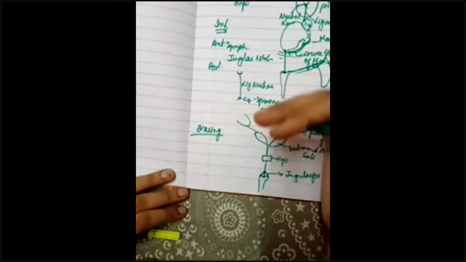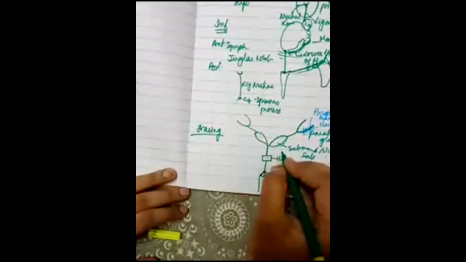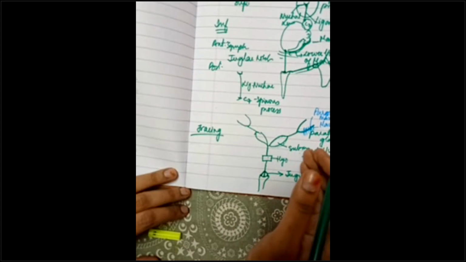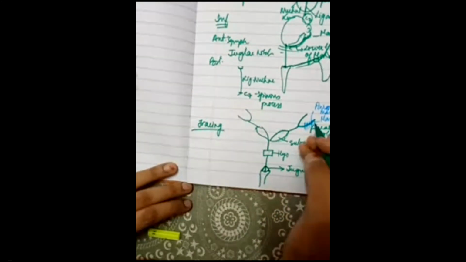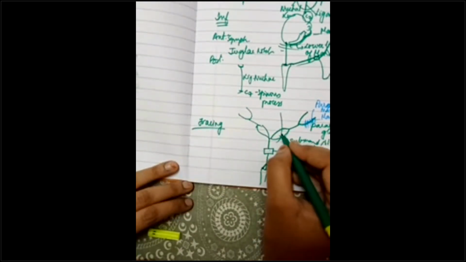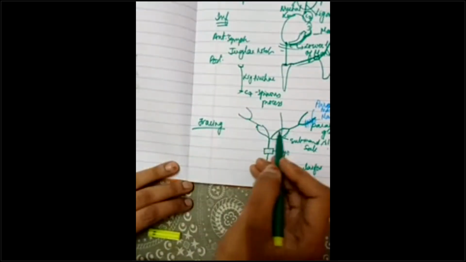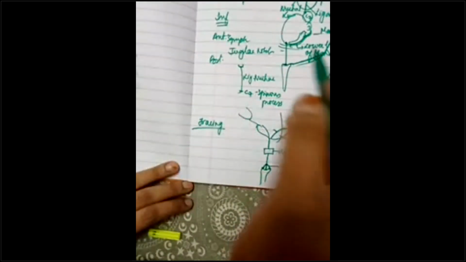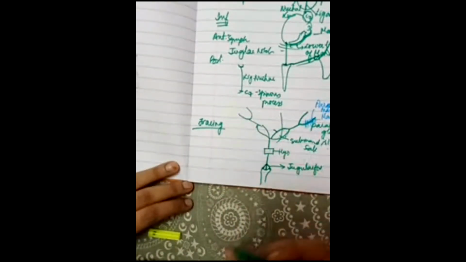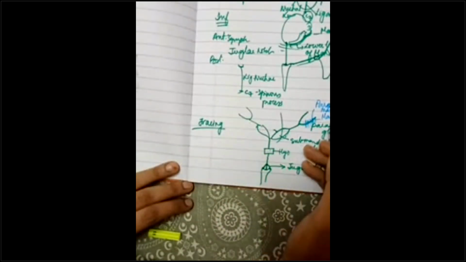Again, now we will see where the superficial and deep layers are attached. Your submandibular gland, the superficial layer is attached to the body of the mandible. Here you will have your mandible, right? So the superficial layer is attached to the body of the mandible, and the deep layer covers the medial surface of the submandibular gland. It is obvious, right?